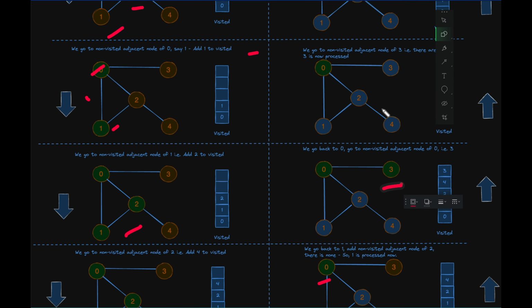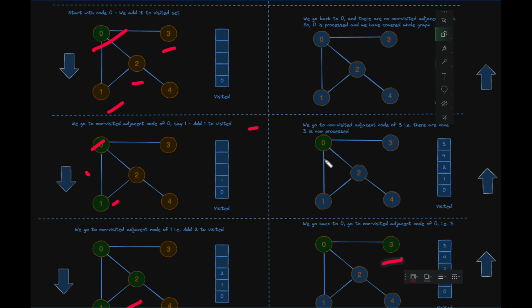So 3 is also processed, and eventually in the end 0 will be the last node, so we will recurse back to 0, and there is no adjacent node for 0 which is not yet processed, so we will just mark this also as processed, and color it blue.